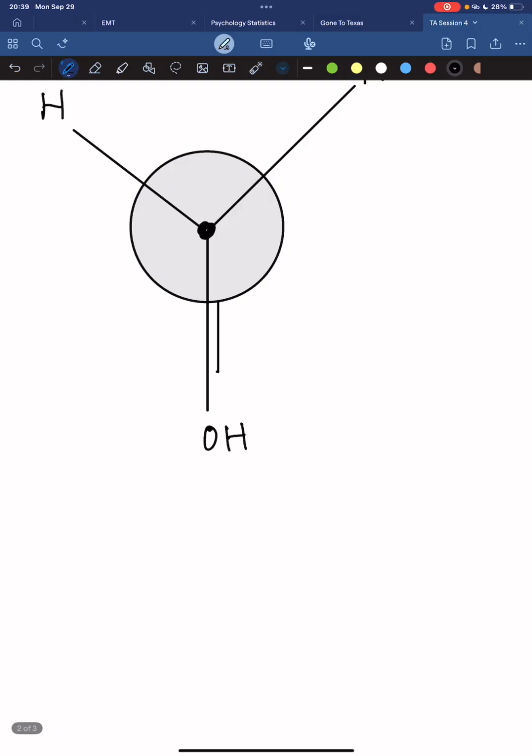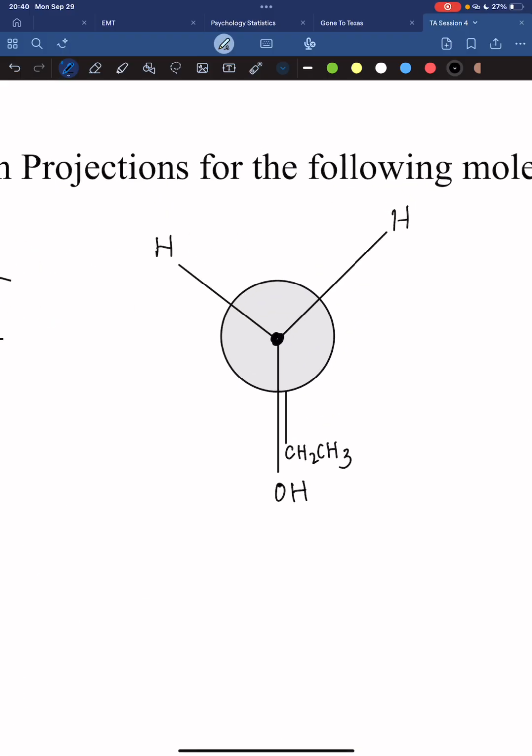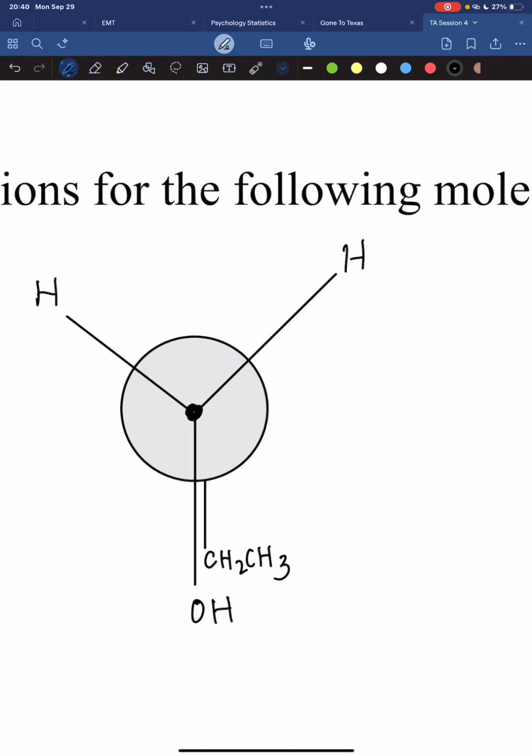And you can either draw it in stick like this, which you can do if it's simple, or you can draw it like this. So it's the exact same thing, they're not any different. And then we can draw that tert-butyl group. And how do we draw a tert-butyl group? Like this.